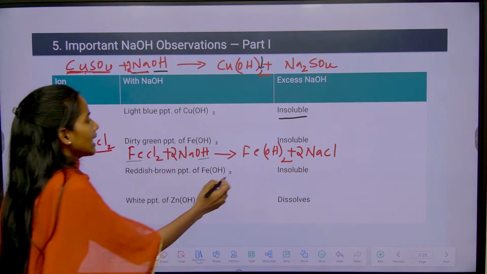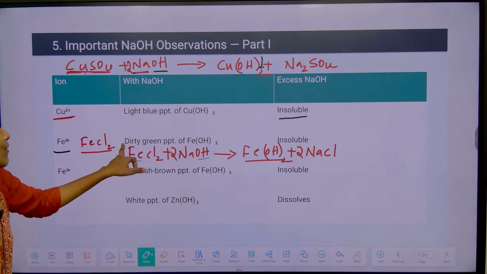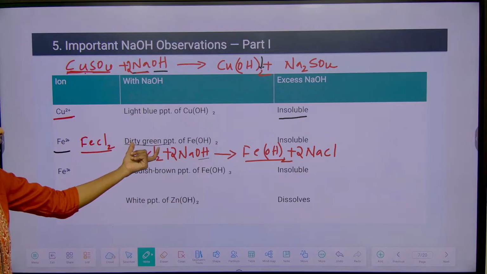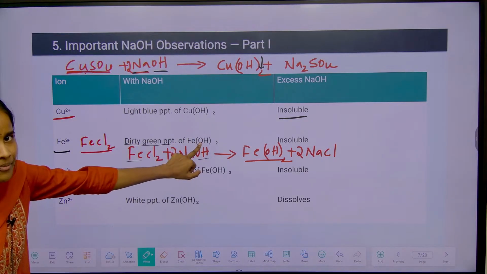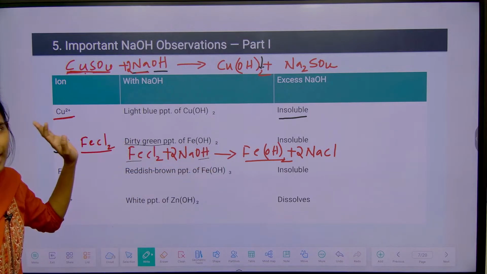Here Fe(OH)2 is our precipitate. What is the color of that precipitate? Dirty green color, a very thick green color precipitate of ferrous hydroxide, since it is Fe2+.